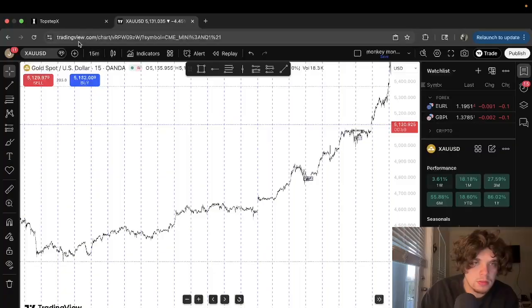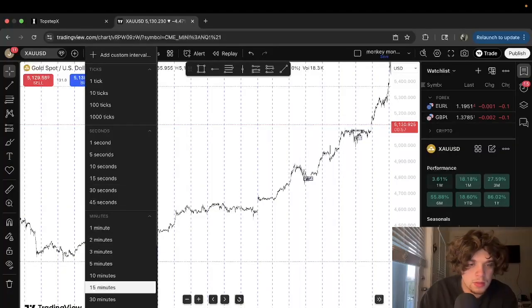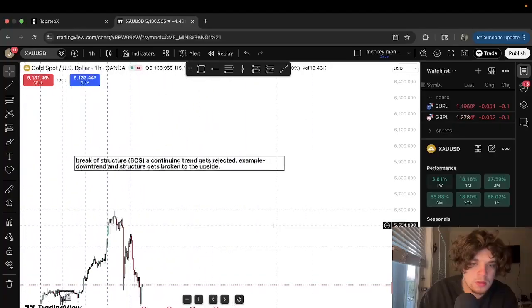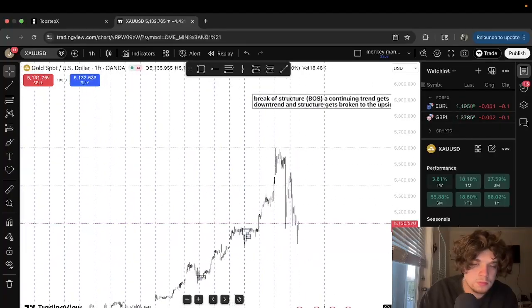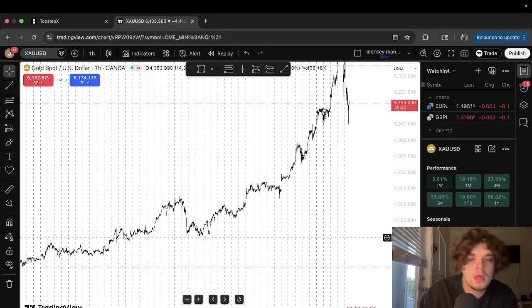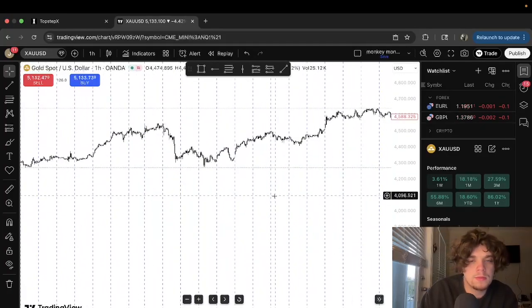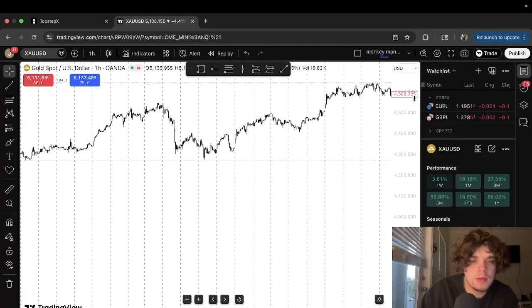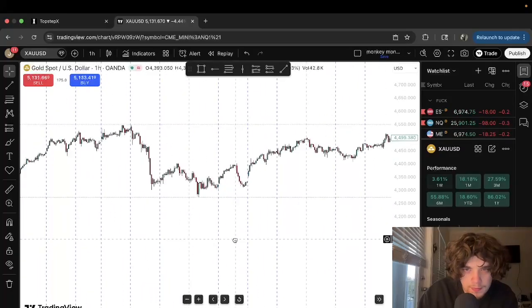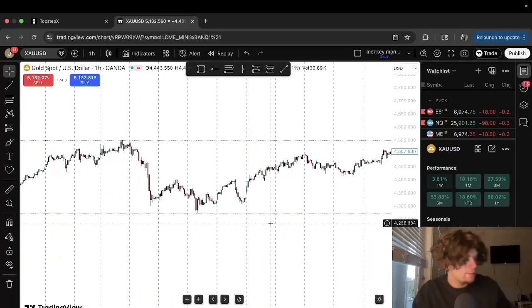Let's see a good example of breaker structure. Maybe we'll see on the hourly. Maybe it might not be that bad. I mean, alright, okay, maybe. This might be alright enough. Alright.